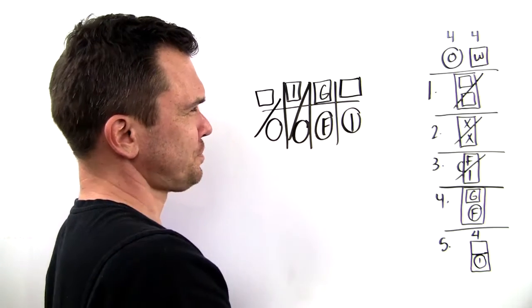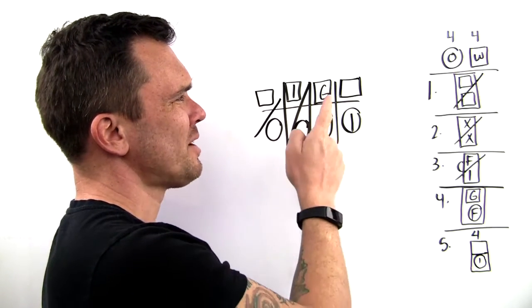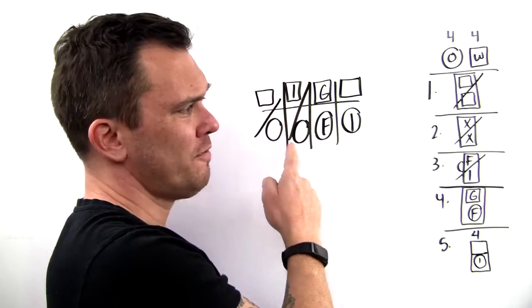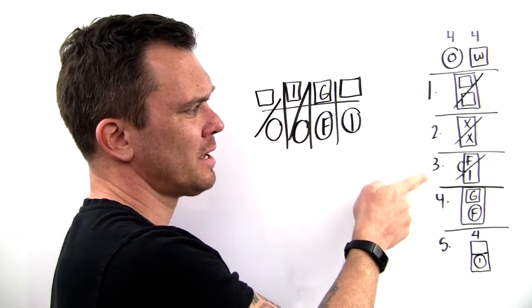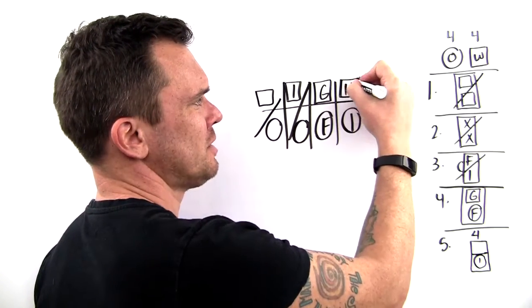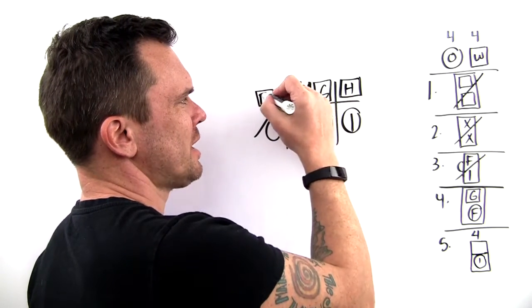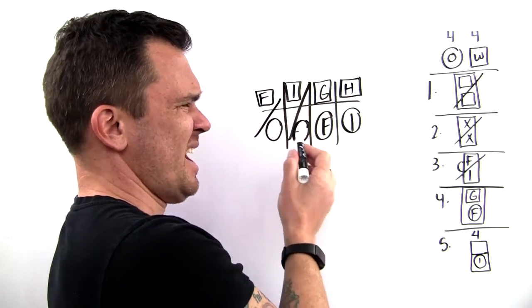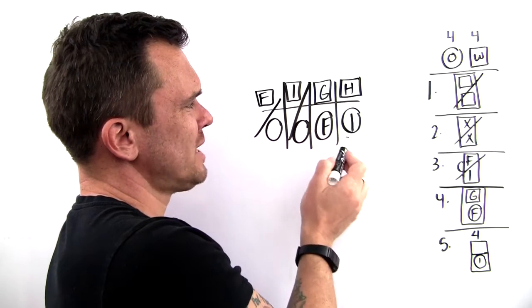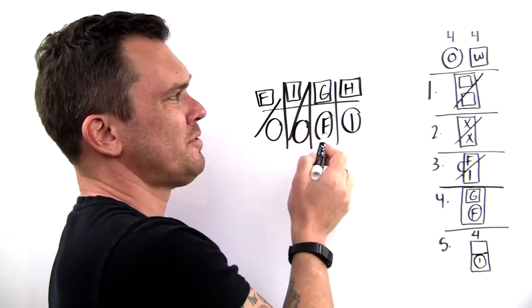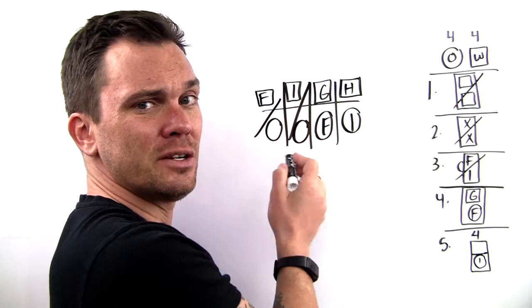And now this one is either H or F, but I've got a rule about F and I, so it's not F, it's H. And this is my F. And then I've got my 2 I's, I've got my 2 F's, so I've got a G and an H here in some order.